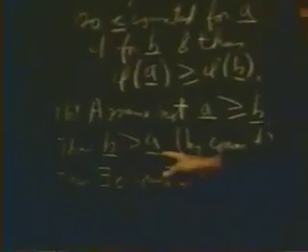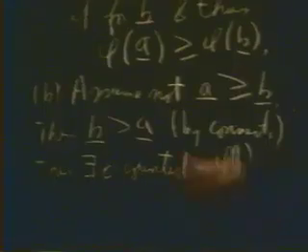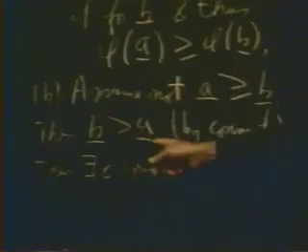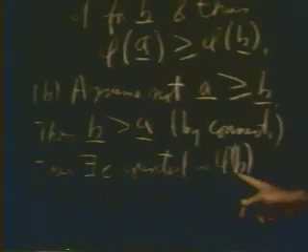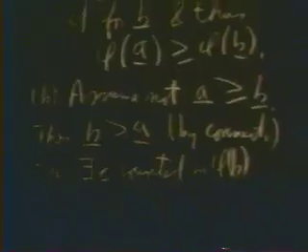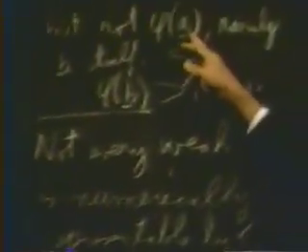Now let's go the other way. Let's assume that it is not the case that A is at least as great as B. Then by connectivity, B must be at least as great as A. In fact, B must be strictly greater than A. Therefore, there exists a C that is counted in phi of B that is not counted in phi of A. Now, it's obvious what C will be, namely B itself.